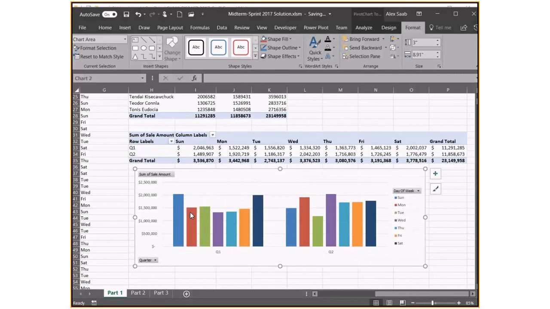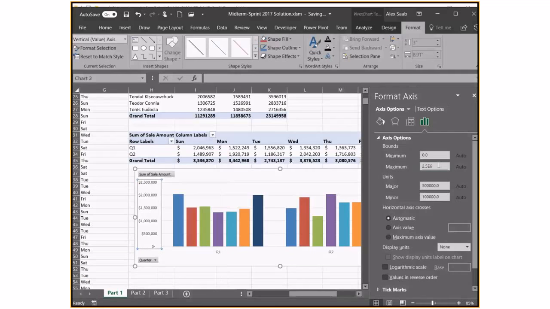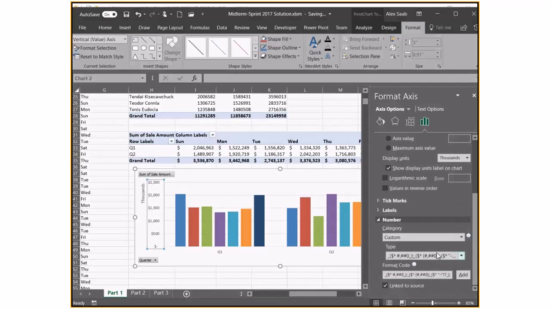And what am I doing? The y-axis format line, and we said the units are in thousands and no decimal points. Then I go to number. By default, it should be negative.